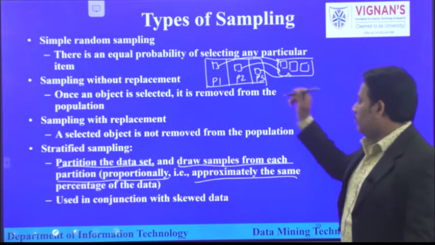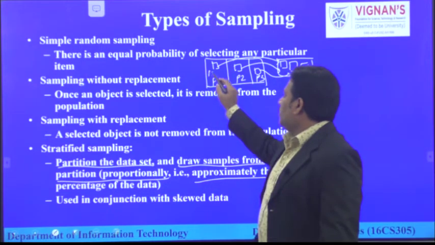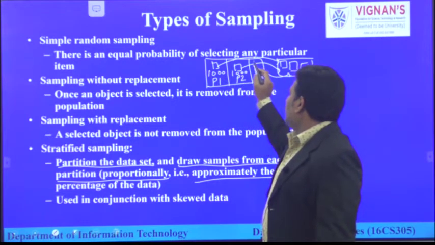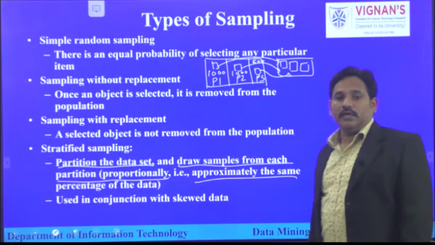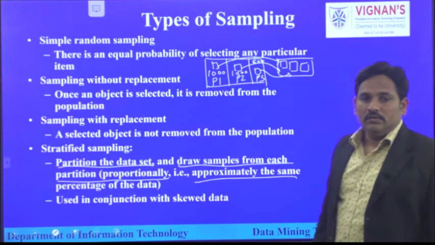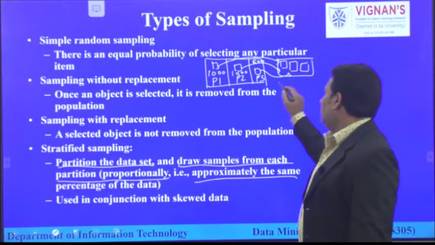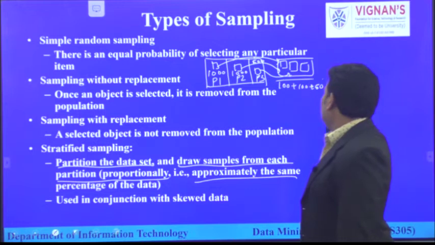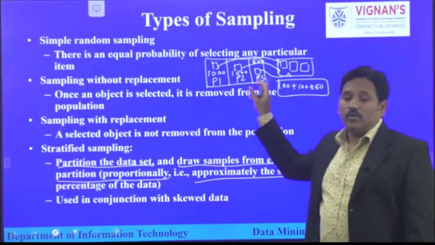Let us assume we want to pick 10% from each partition. Say the first partition has 1000 records, the second also has 1000 records, and the third has only 500 records. Picking approximately 10% from each, we will have 100 values from the first, 100 from the second, and 50 from the third. Totally, a sample of size 250 has been selected from all 3 partitions.